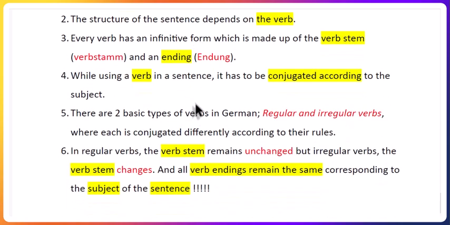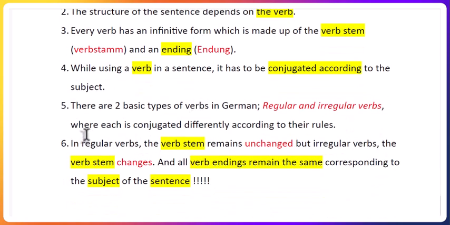Okay, and then for regular verbs, the verb stem remains the same, but for irregular verbs, the verb stem will be changed a bit.